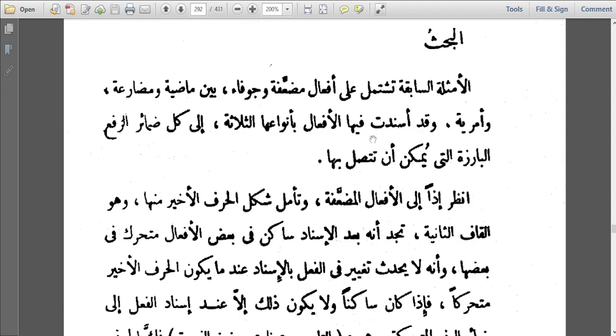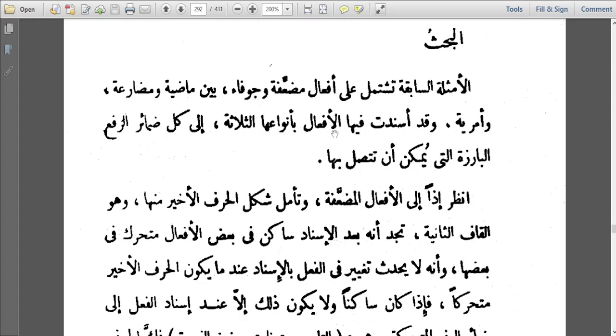It says وقد أسندت فيها الأفعال بأنواعها الثلاثة إلى كل ضمائر الرفع البارزة التي يمكن أن تتصل بها.